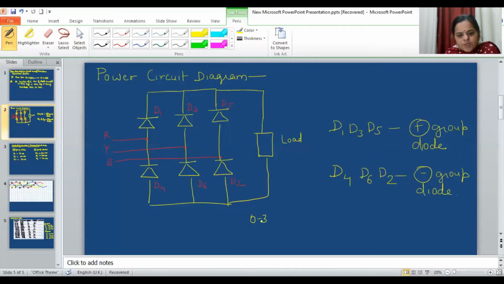This 5 is conducting and 6 is conducting, so this will act as a short circuit and this will act as a short circuit. When 5 is a short circuit, that means this particular voltage through this 5 short circuit will appear here, and 6 means Y. So what voltage am I going to get?